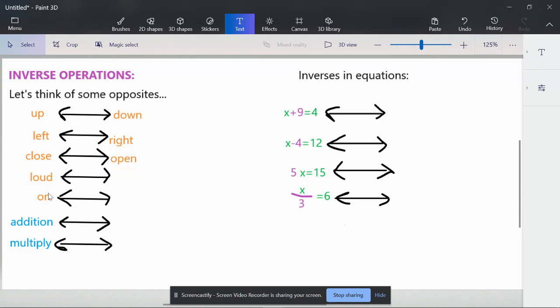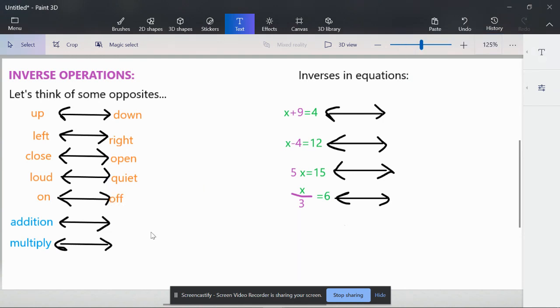And then if something were really loud, the inverse of it would be something that was quiet. For a light to be on, for example, the opposite would be turning the light off.